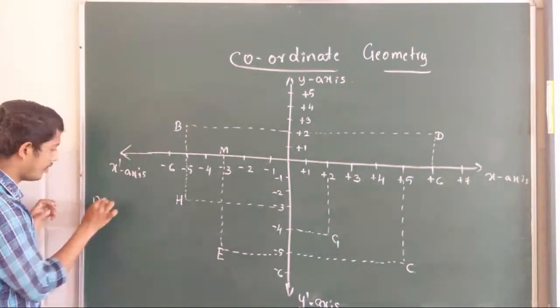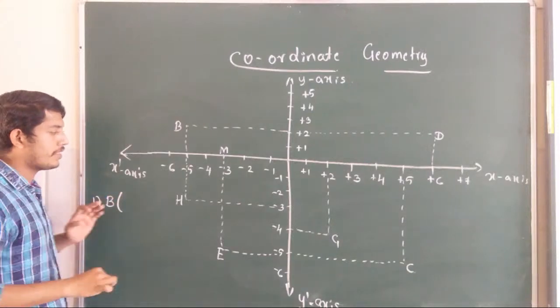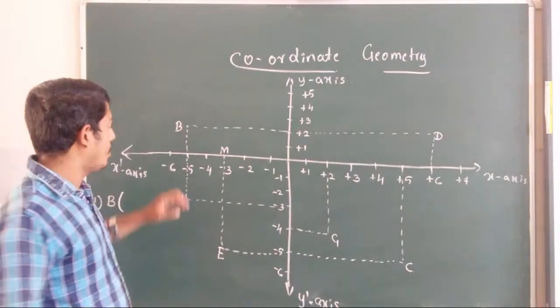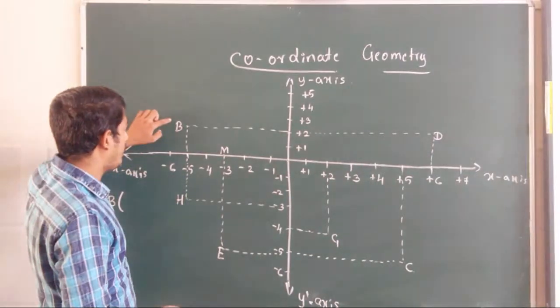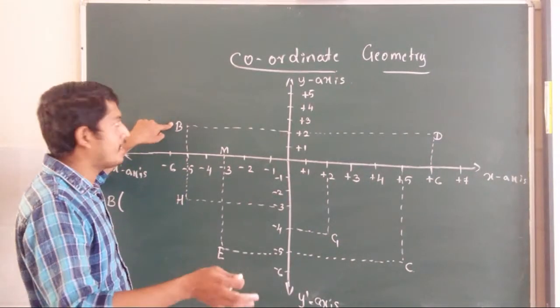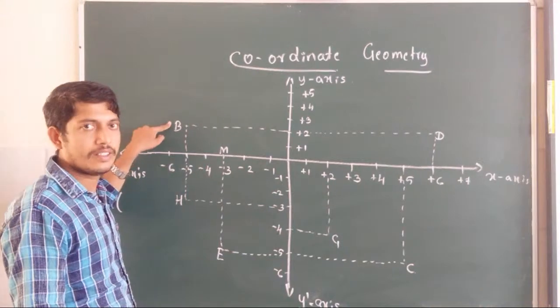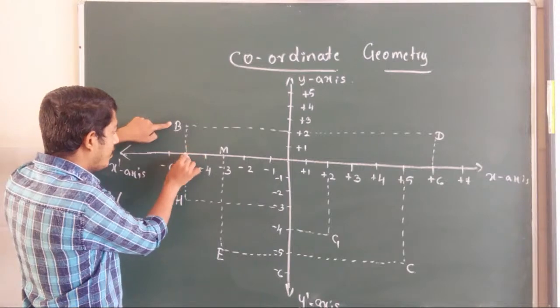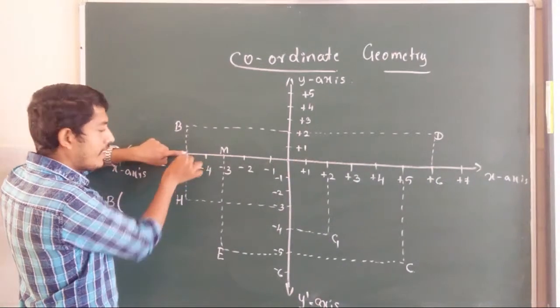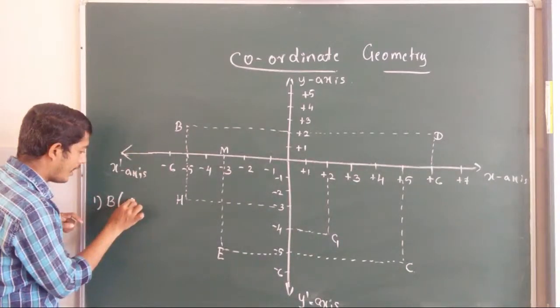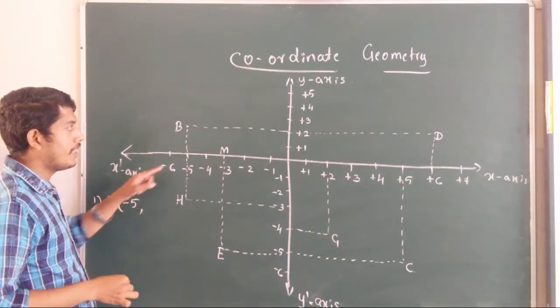So I will write the answer here. First we have to write the x-axis value, second the y-axis value. First we consider the x value. So this is the x value, and how much is it? It is -5. Therefore I will write it as -5.